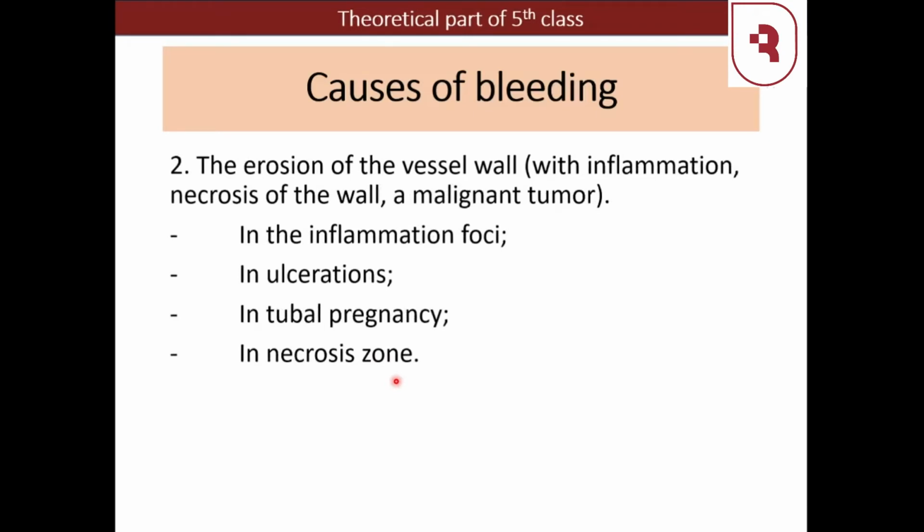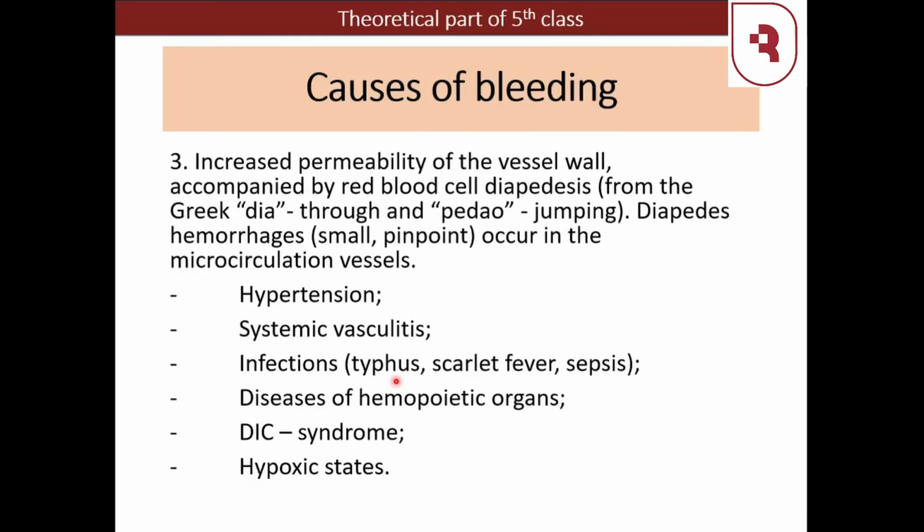The second cause of bleeding may be associated with erosion of the vessel wall with inflammation, necrosis of the organ or the wall, and malignant tumors. In the inflammatory focus, in case of alteration, in tubal pregnancy, in necrotic zone.